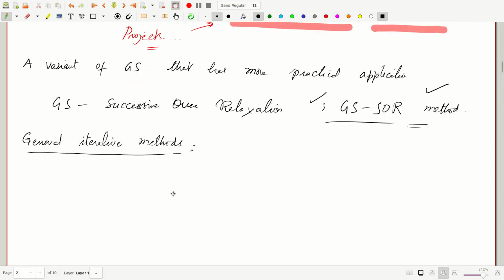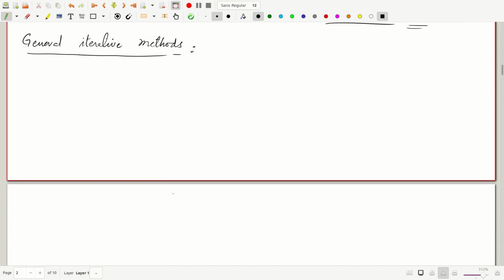In general iterative methods, essentially you start off with a solution for your system Ax equal to b. The idea is that A is difficult to invert, so we don't want to invert it. Of course, if you invert it, then you end up with a direct method.